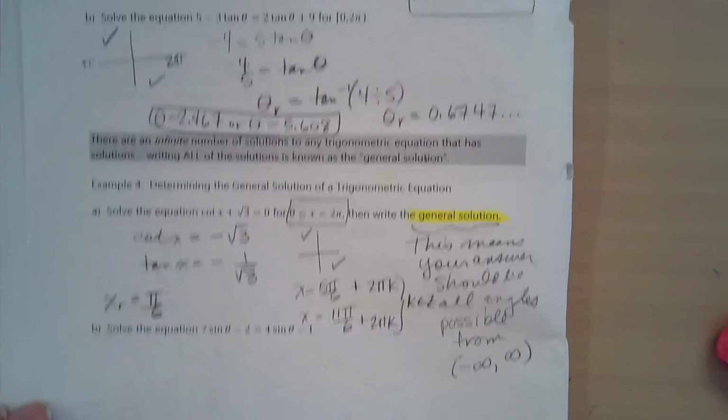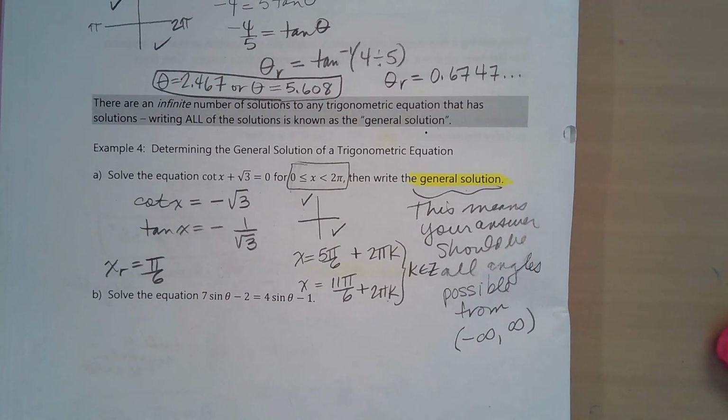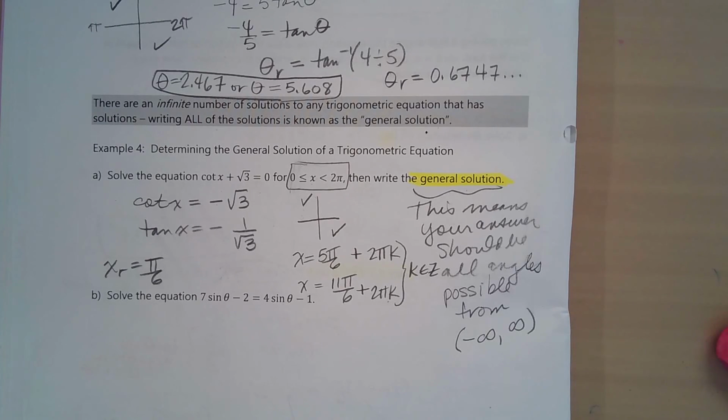Okay. One last one, and then you guys go for break. Solve 7 sine theta minus 2 equals 4 sine theta minus 1.